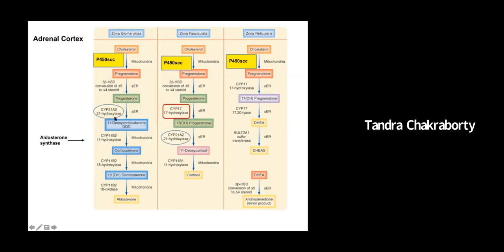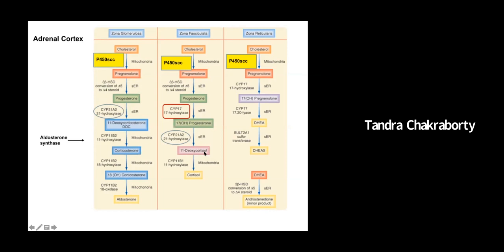Now, 21 hydroxylase, a very, very important enzyme, is present in both, and in case of zona glomerulosa, it converts progesterone into 11-deoxycorticosterone, also called DOC. And in case of zona fasciculata, it converts 17 hydroxyprogesterone into 11-deoxycortisol.